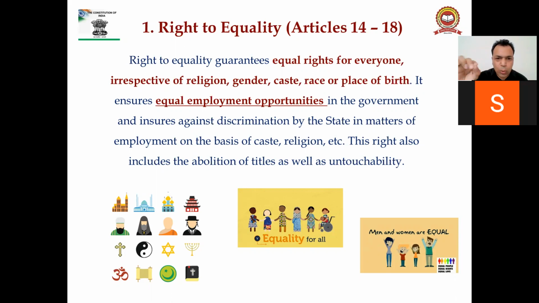So it ensures equal employment opportunities in the government and ensures against discrimination by the state in matters of employment on the basis of caste, religion, etc. This right also includes the abolition of titles as well as untouchability. You can see it on the image also, right? Equality for all, men and women are equal. All persons, irrespective of whatever religion they belong to, can get equality in employment, right?